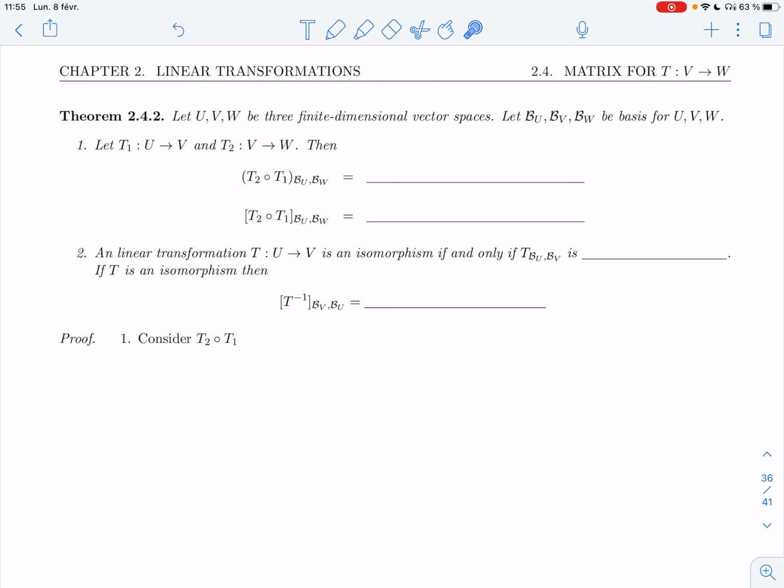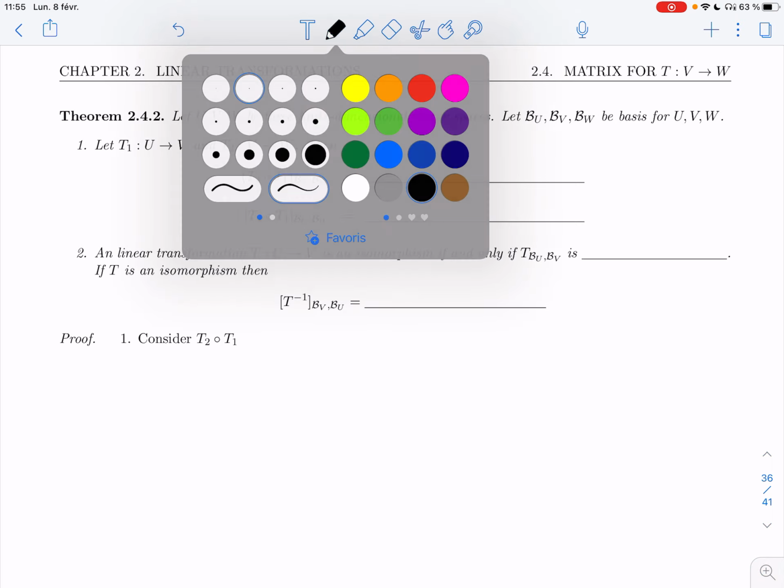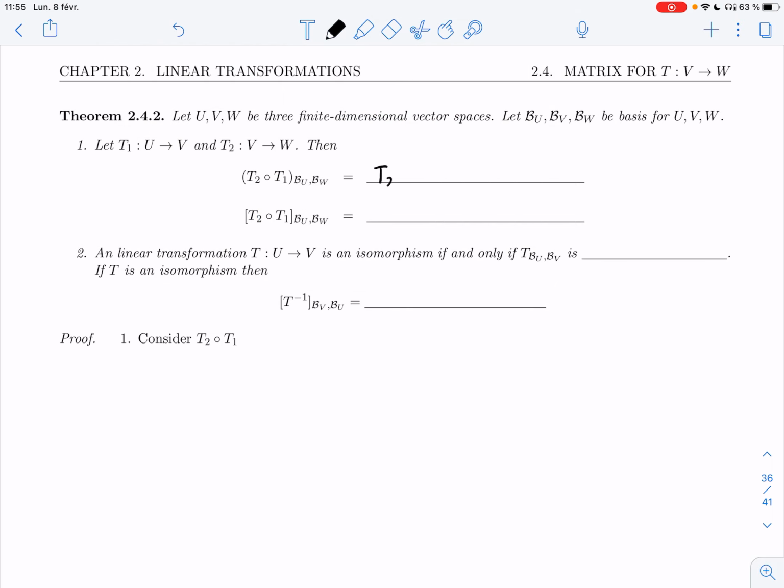To determine that, what we'll show first is that this is T2. You could look at the representation of T2, this is from V to W, so BV, BW, on Euclidean space and compose it with a representation of T1. T1 is from U to V, so I'm going to use BU and BV to match it to a map in Euclidean spaces.